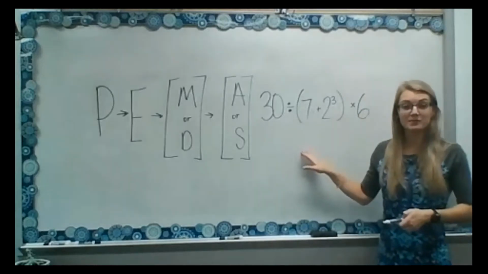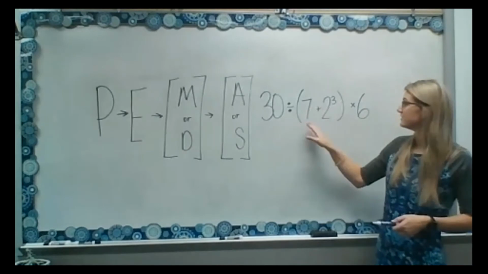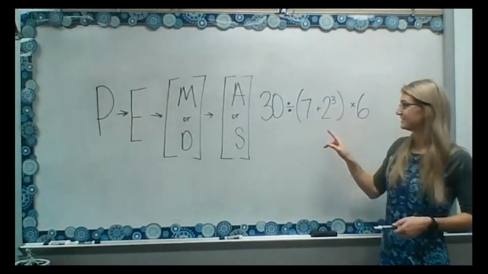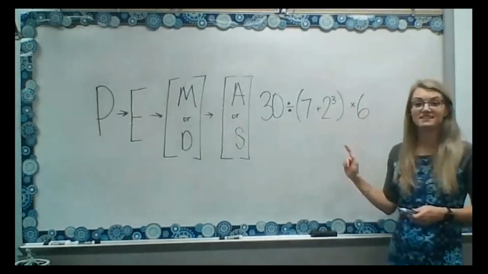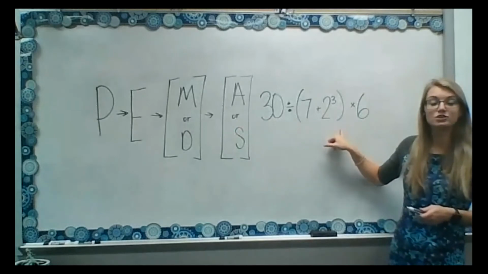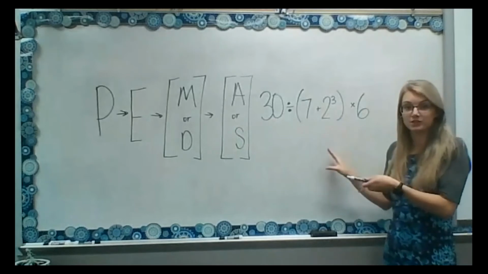I've got our next problem here ready to go. Okay, 30 divided by 7 plus 2 cubed times 6. Okay, order of operations. Does our problem have parentheses? Yeah, right? It does have parentheses. So before we do anything else, we have to solve what's in parentheses first.